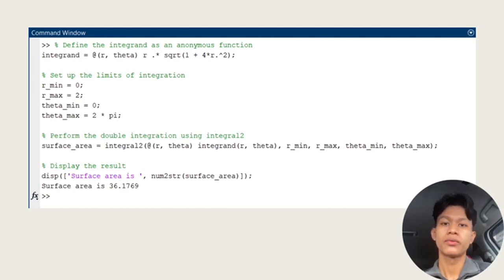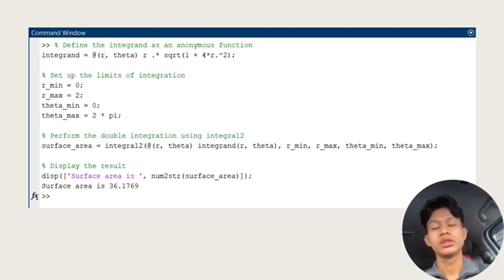From the equation z equal to 5 minus x squared minus y squared, with z equal to 1, we get that x squared plus y squared equals 4. From this equation, we know that it is a circle with radius 2 on the xy plane.